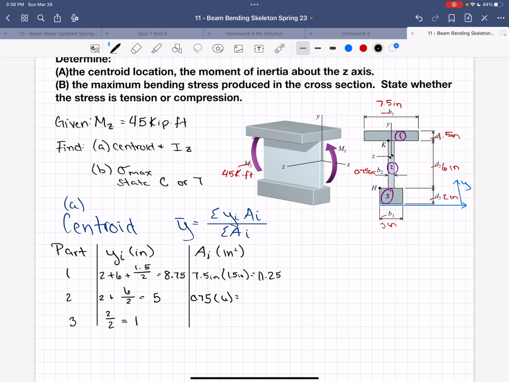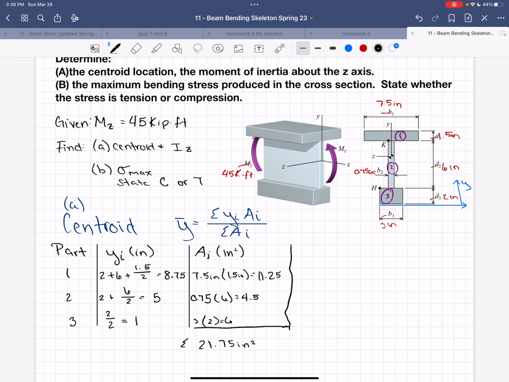We get 4.5 inches squared. And then part 3 is 3 inches wide times 2 inches tall. We get 6 inches squared. These we sum up. So the sum of all of these areas is 21.75 inches squared. That'll be our denominator.